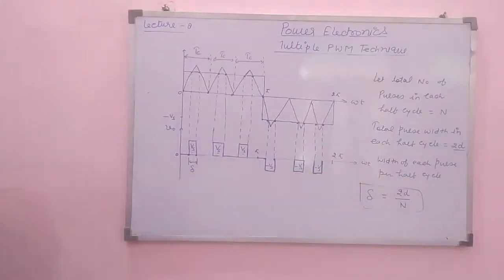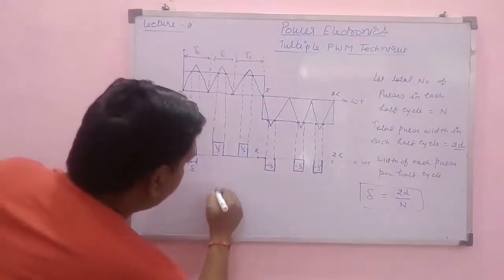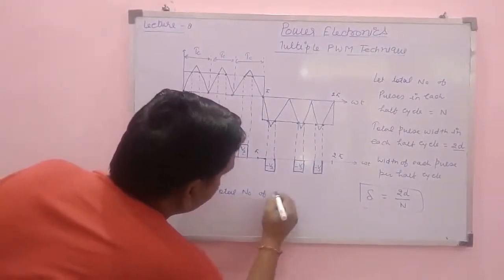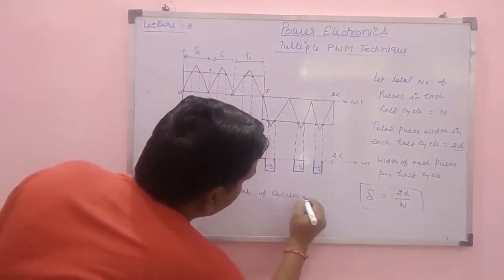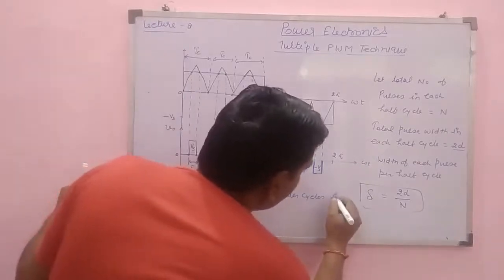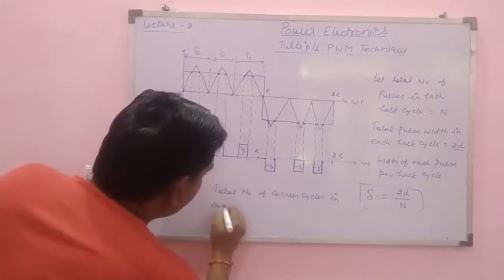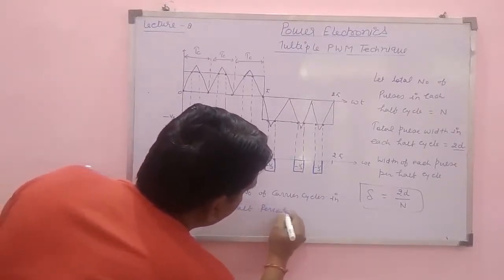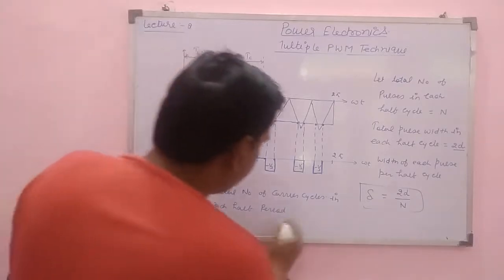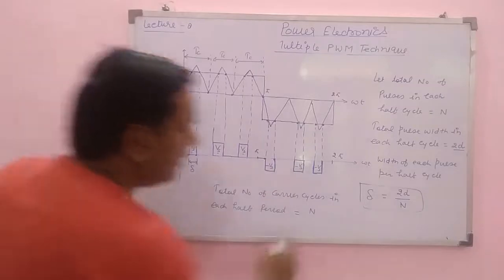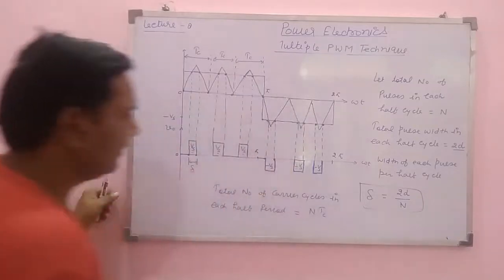So the total number of carrier cycles in each half period is equal to how much? This is n into Tc.